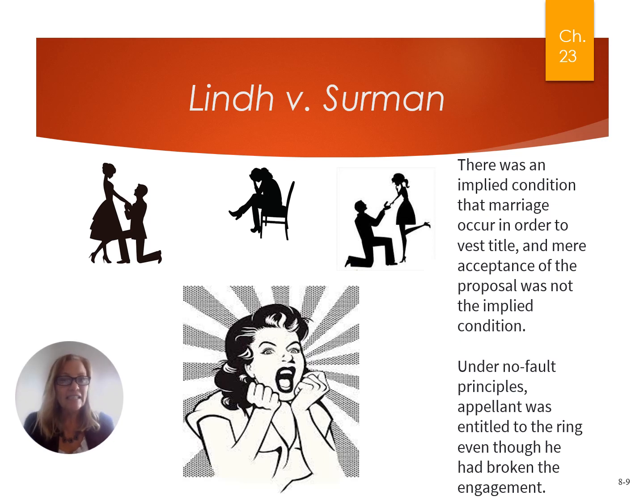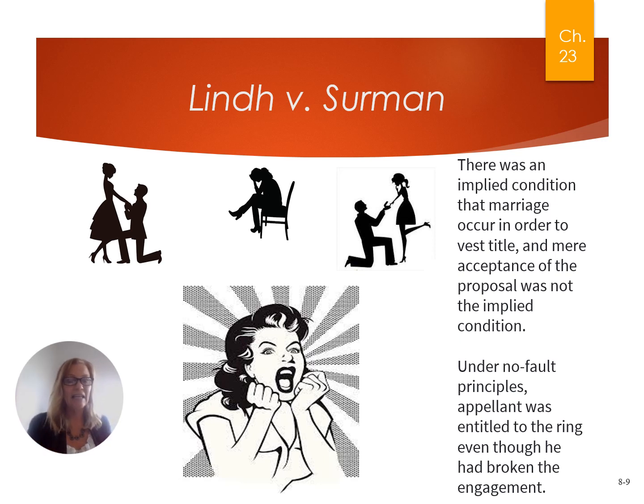The court in that case said, this engagement ring is an implied condition of marriage. In order to vest title, meaning in order for you to get ownership, even though the ring was delivered, it's a conditional gift. And therefore, if you don't meet the condition, you don't really have ownership.